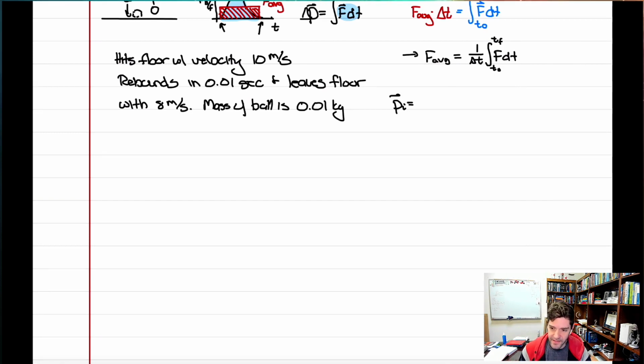But I have to be careful, because if I define up to be positive, the initial momentum is going to be something like -10 times 0.01. So that looks like it's going to be 0.1. Momentum does not have its own unit, so it's mass times velocity, so kilograms meters per second. Something like that.